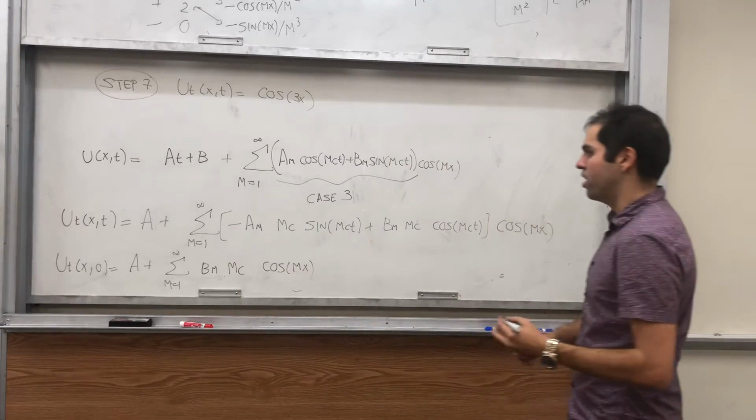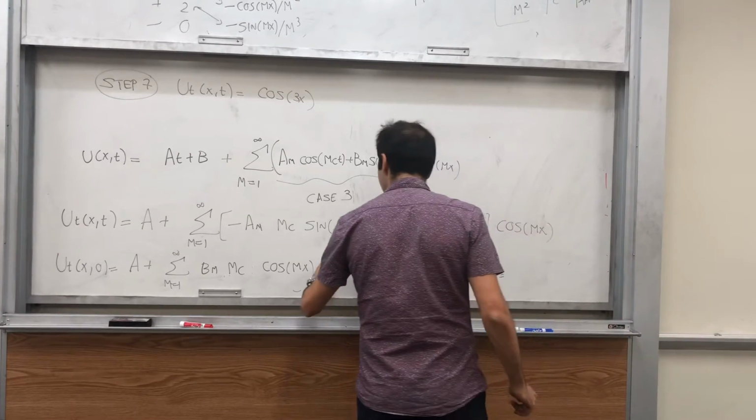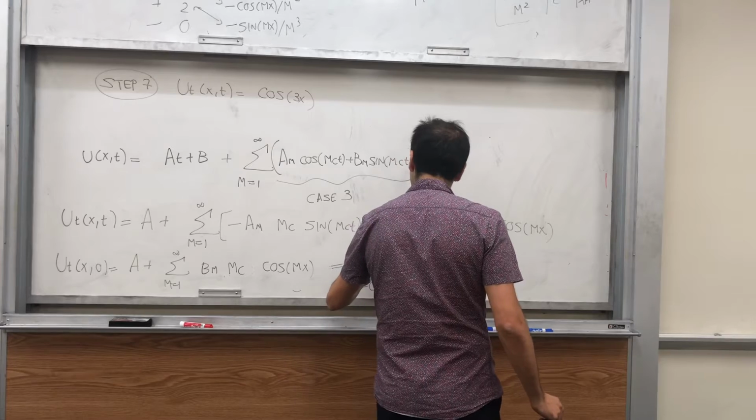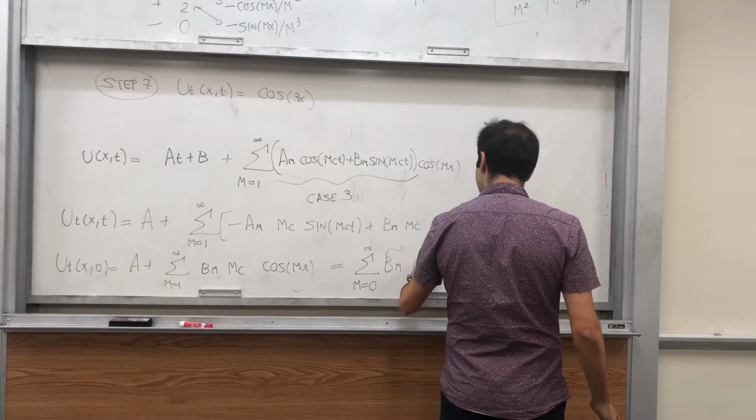And what you can do, you can just write it as one sum. So it's the sum from m equals 0 to infinity of bm squiggle cosine mx.